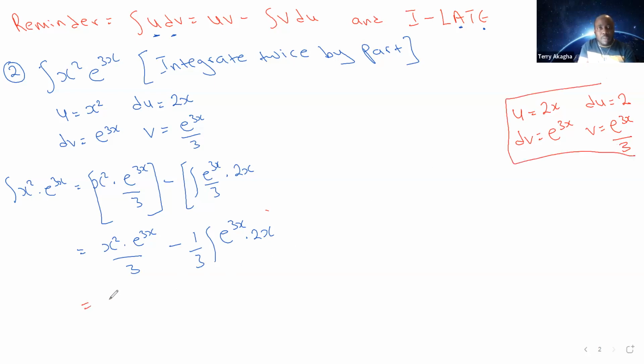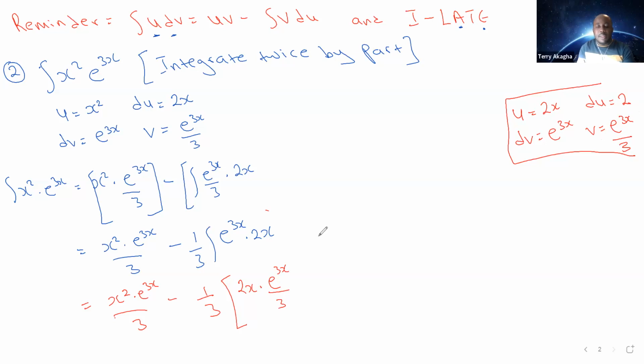So that will give you, this is the second time now, x squared e to the 3x over 3 minus 1 over 3 into bracket. Now we're going to start. Remember the formula? The formula is uv, right? So our u is 2x multiplied by our v, which is e to the 3x over 3.